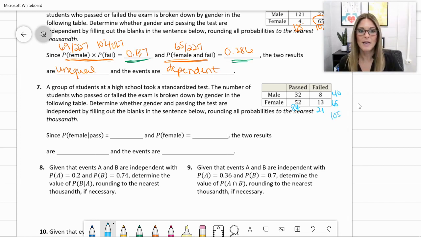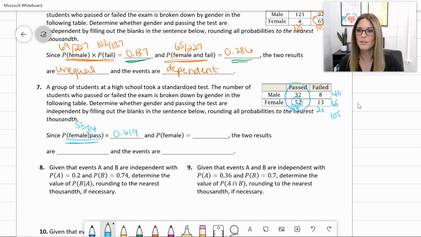So this time, look how Delta Math is setting up this question. We're looking at the probability of female given that they passed. So looking at only my passed column, 84, of those that are female, 52. So 52 out of 84, rounded to the nearest thousandths is 619 thousandths.